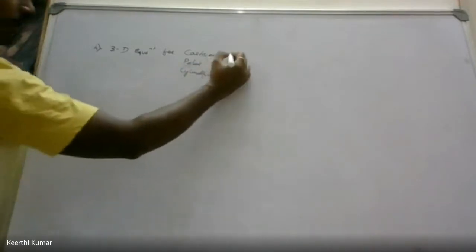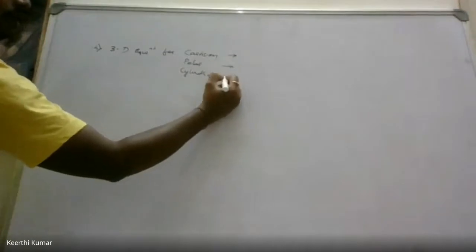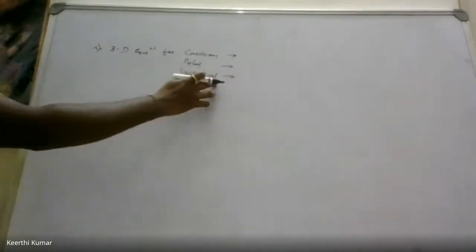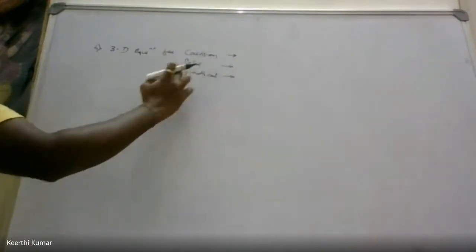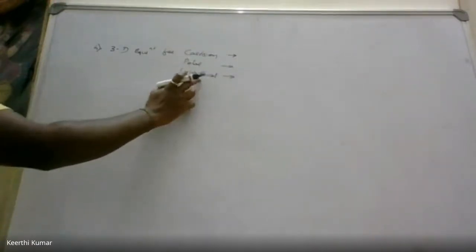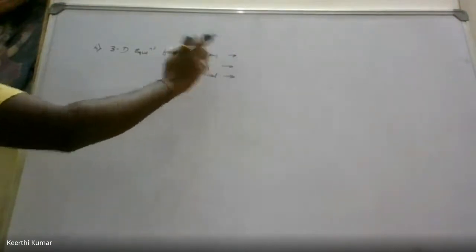So we have a three-dimensional equation for Cartesian, polar, and cylindrical, a bigger equation for all three. I have done only Cartesian in the class. I gave polar and cylindrical as homework. I think probably you have submitted. Okay, polar and cylindrical is homework, and Cartesian I have done.